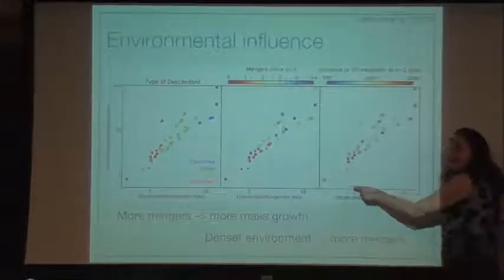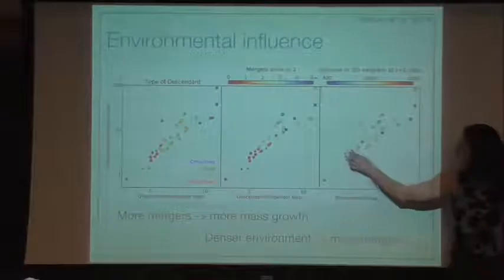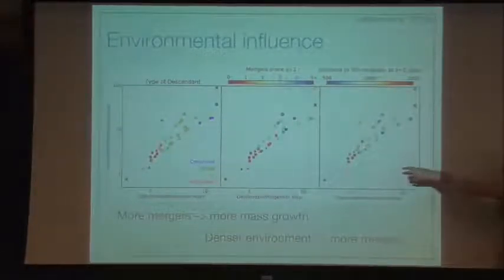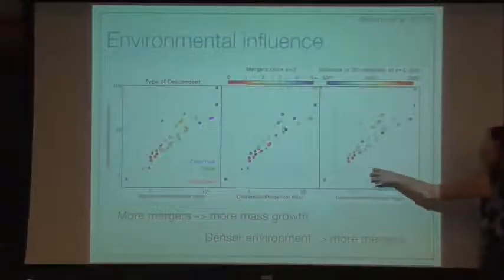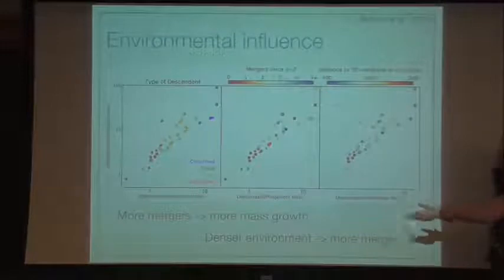So this is a galaxy which is a satellite in a larger cluster, and both of these types of galaxies are protected from mergers. In this case, because it's in a sparse environment with nothing really around to merge with, and in this case, because it lives in a cluster with such high orbital velocities that it's difficult to merge. So if we want to find descendants of these types of galaxies in the local universe, this is where we should be looking, either in very sparse environments or in very dense environments.